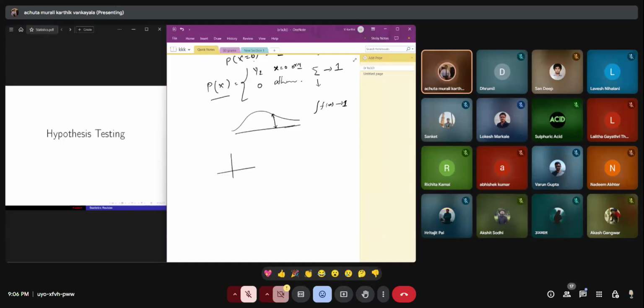Suppose you take this: the height is 1 here, the area is 1 by 2, and maybe it takes value 2 with probability half. This is called a mixed distribution. For this distribution, this is the density and this is the PMF, the probability mass, right? You got an idea of the differences?